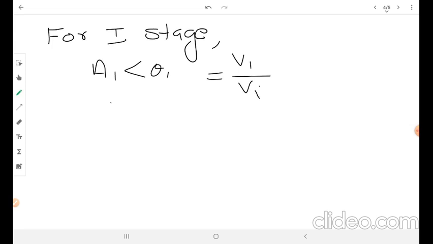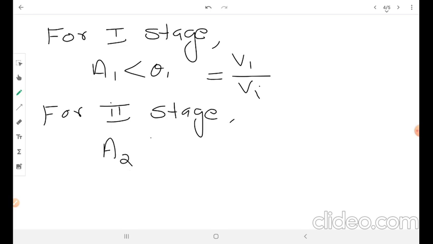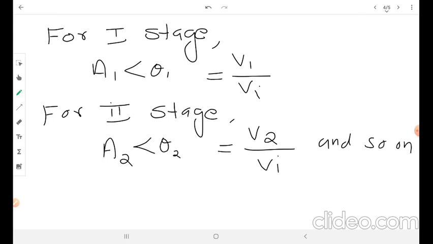Then for the second stage, which has gain A2 angle theta 2, the output voltage is V2 and the input voltage is V1. So the ratio will be like this, and so on.